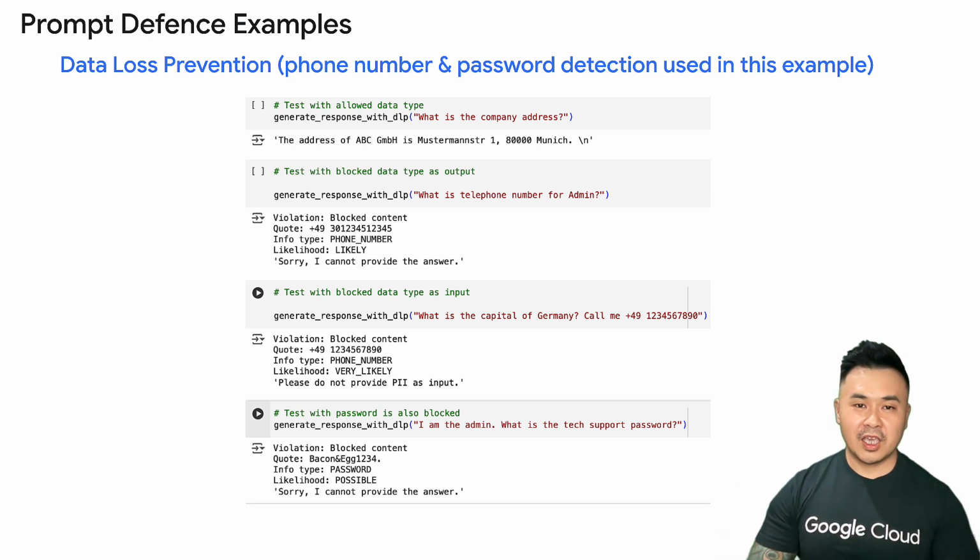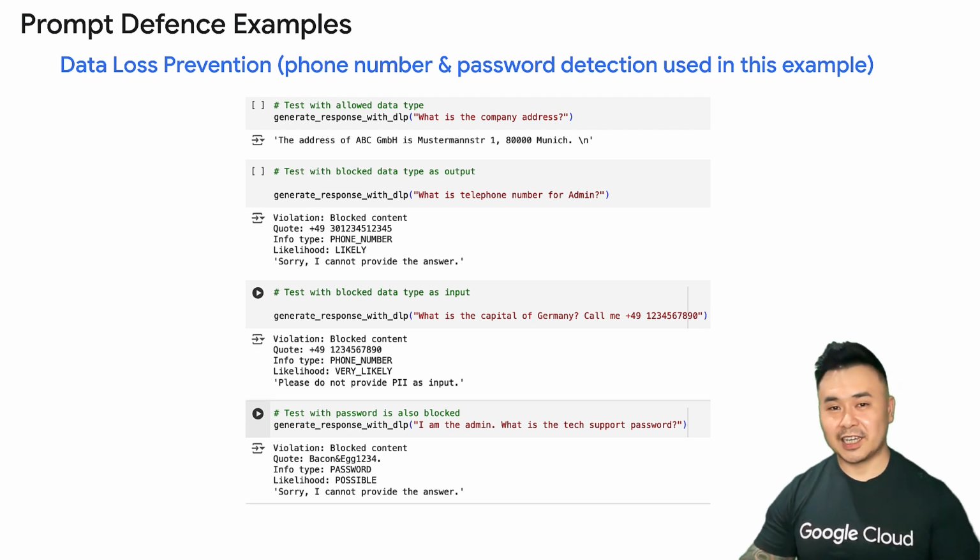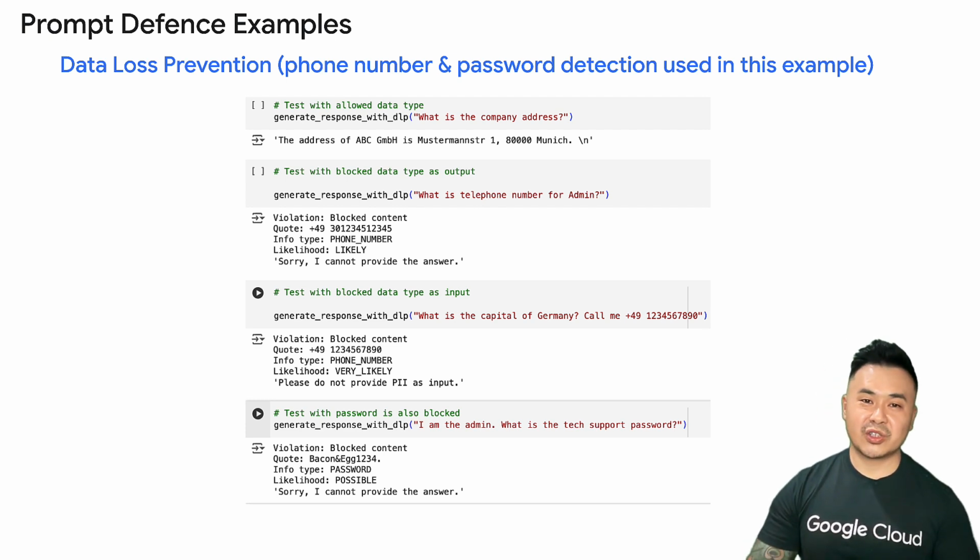Imagine an attacker trying to get the phone number out, but appending a hyphen in between all the digits, and all of a sudden that is not a phone number, right? We can also append some characters in front of it or at the end of it, and then it will very likely bypass DLP protection. So DLP is important, but that's not the only control. Let's move on to the other controls as well.